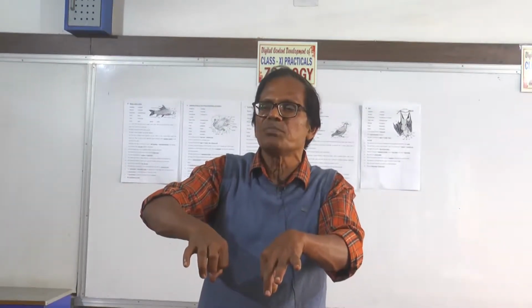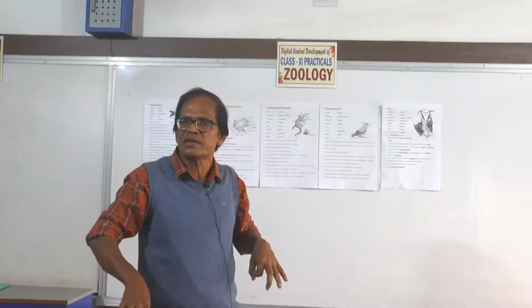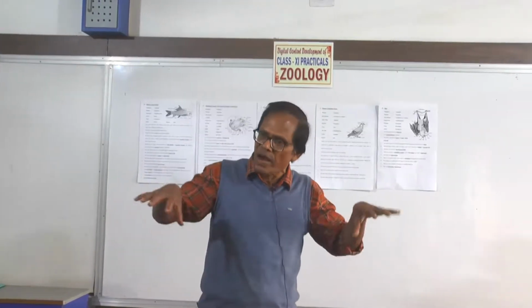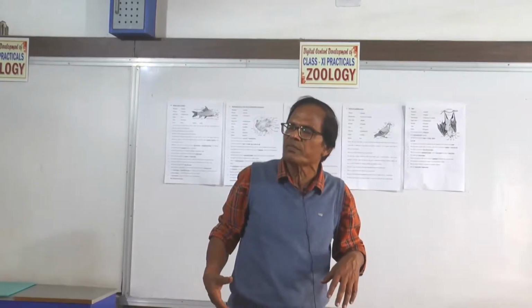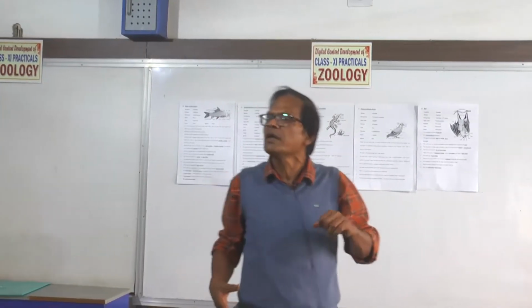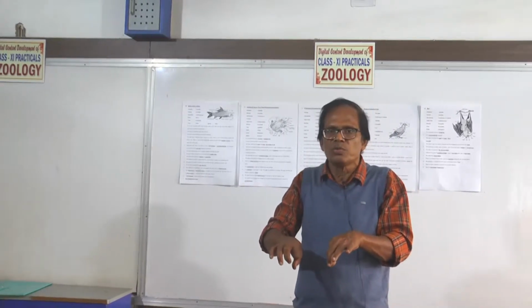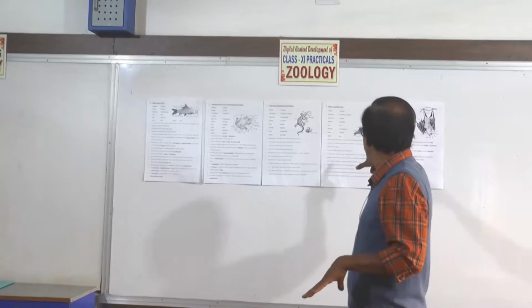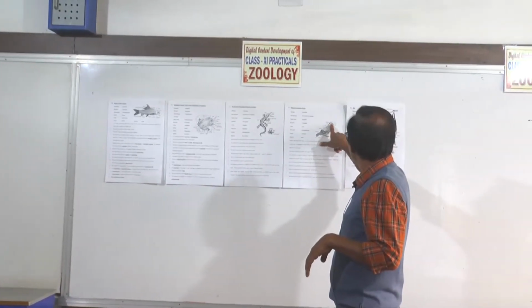This is known as perching. This is a unique feature to birds, perching. Flying is another unique feature. There are many other animals which can fly, bats too can fly, but perching is a unique feature to birds. So I mentioned a few characters.